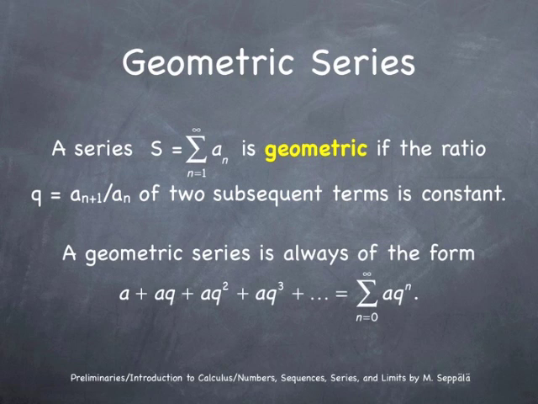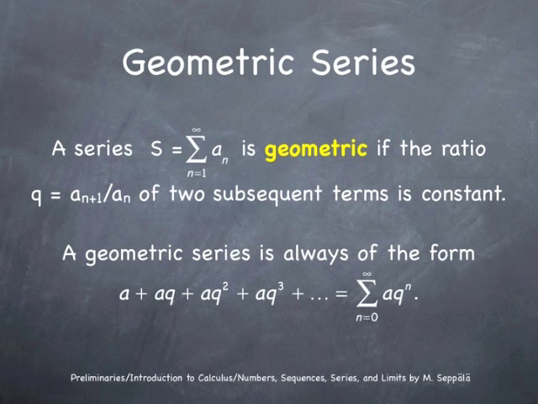A geometric series can then always be written in the form the first term a plus a times q plus a times q squared plus a times q cubed and so forth. This is the summation over n from 0 to infinity of a times q to the power n. This is a general geometric series. Q to the power 0 is by convention 1. Any number which is not 0 raised to the power 0 is 1.